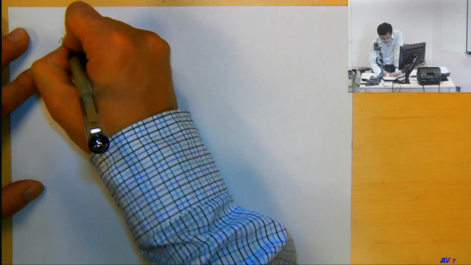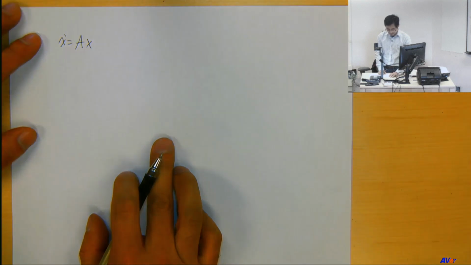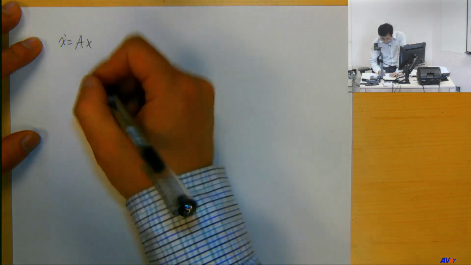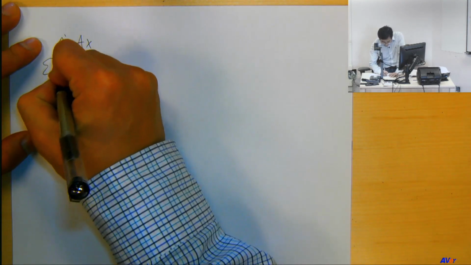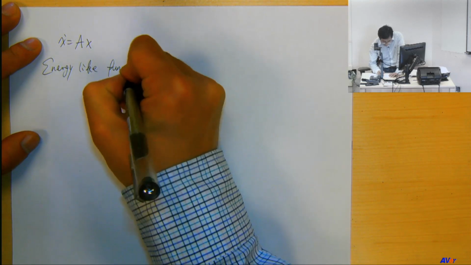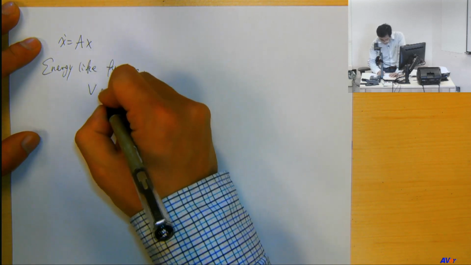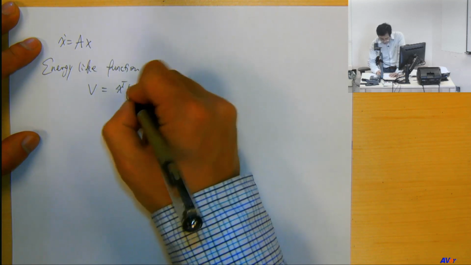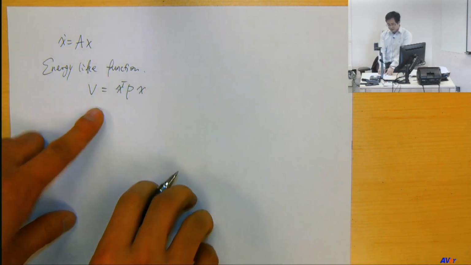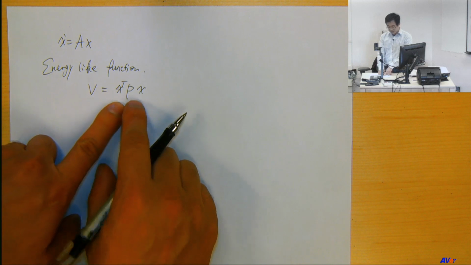So let's say we have a system, x dot equals Ax. We talked about the concept of an energy-like function. Let's say V is x transpose P times x. So it's some type of energy function, a quadratic one that looks like that.